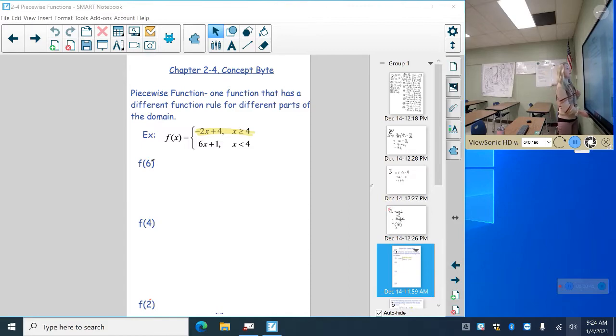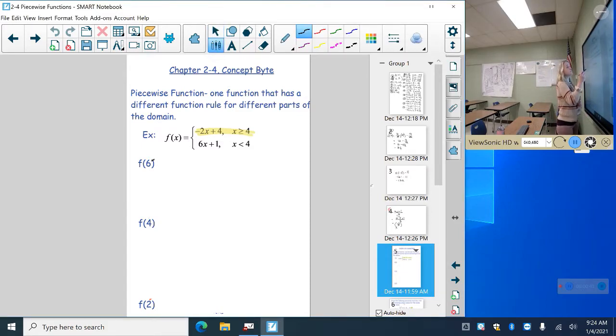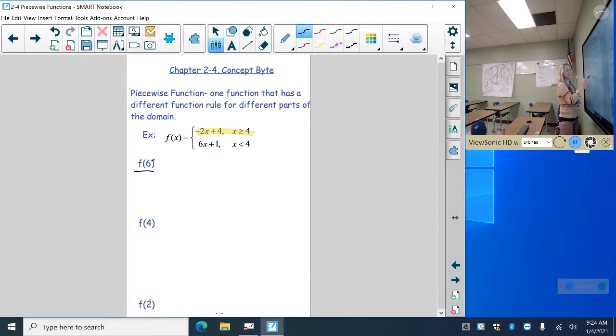So let's go ahead and look at f of 6. If I plug in f of 6, that means the x value is now 6. Which function am I going to use, the top one or the bottom one, in order to get an answer? Since 6 is greater than or equal to 4, I'm going to use the top function, and plug in 6 for the value x.